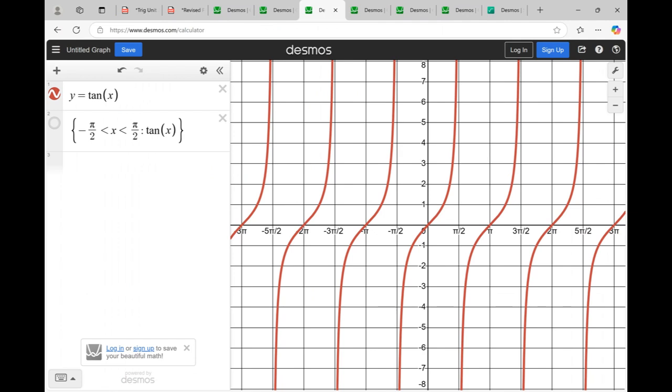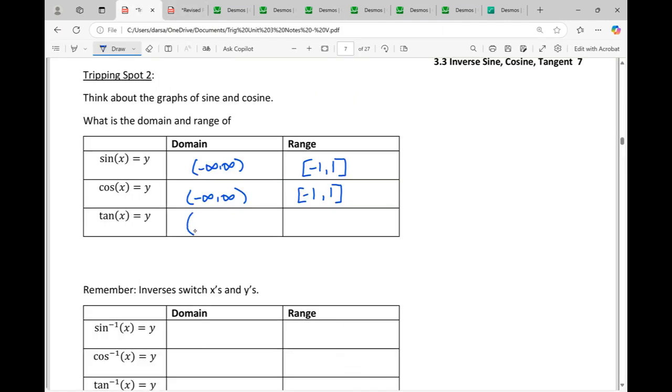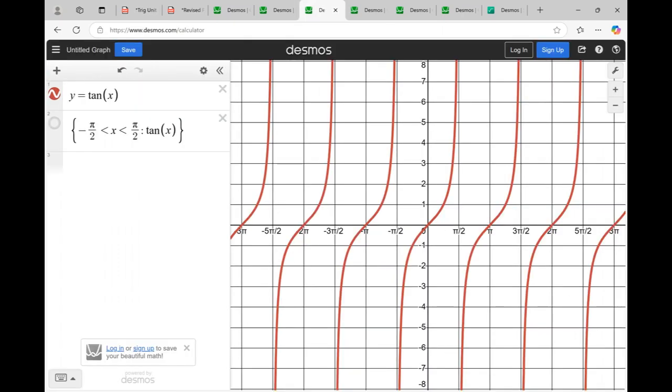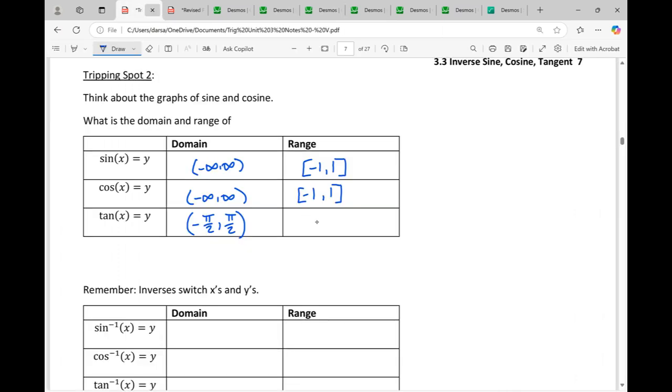But if we just focus on this middle piece, the domain is basically -pi over 2 to pi over 2, and then multiples of that. So we're going to put in a shifted down domain of -pi over 2 to pi over 2. But the range that came out of this one was really big, wasn't it? We go all the way down to -infinity and all the way up to +infinity.